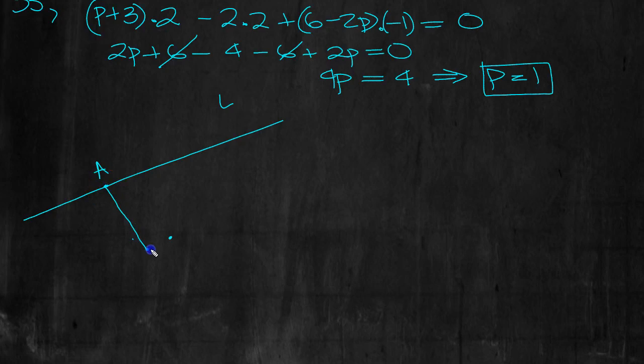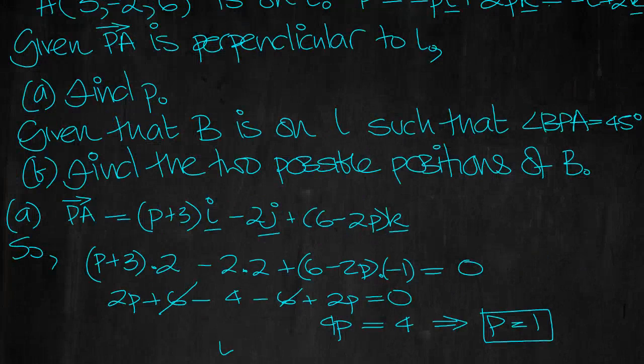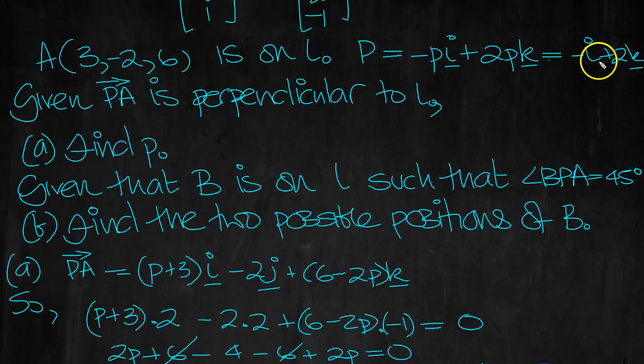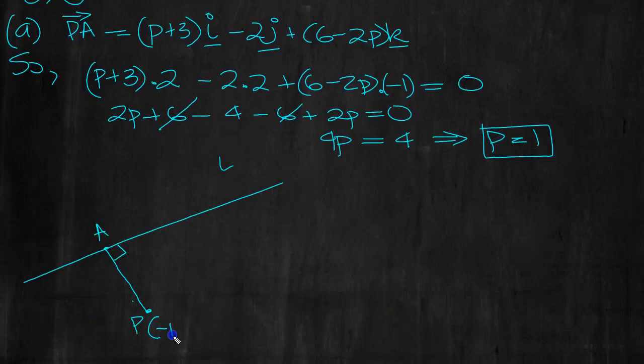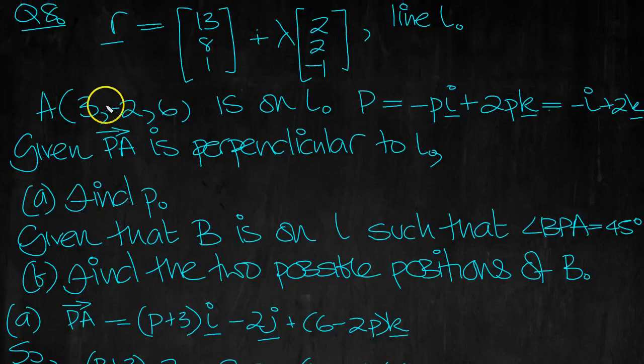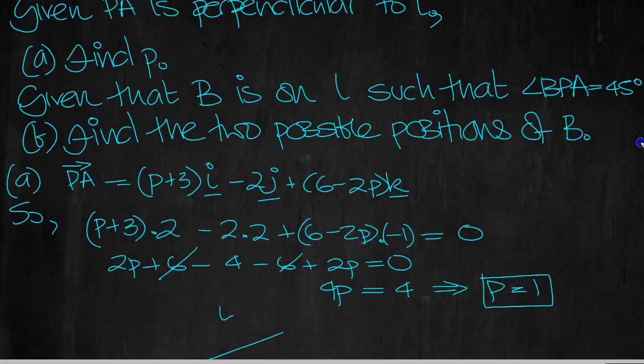So there's P. And PA is perpendicular to L. P was the coordinates here, minus 1, 0, 2. A has the position 3, minus 2, 6.